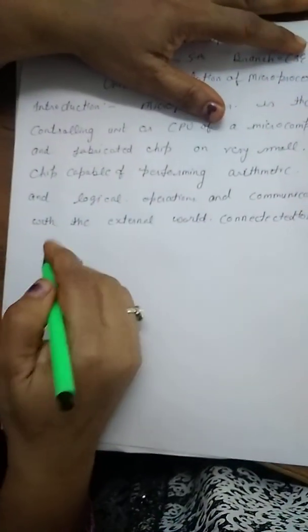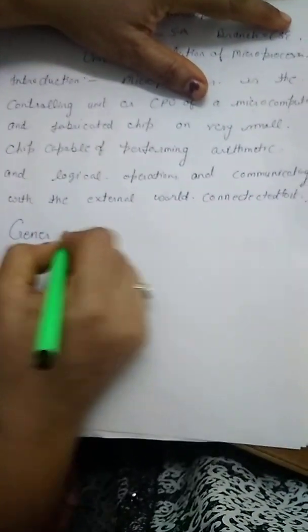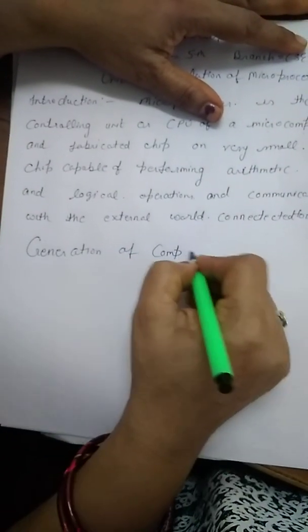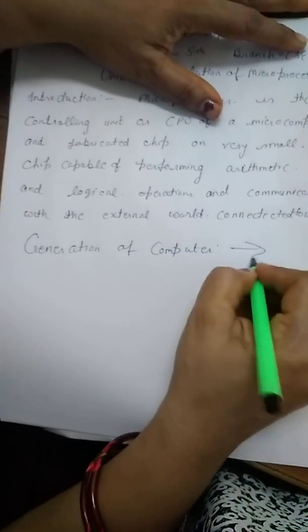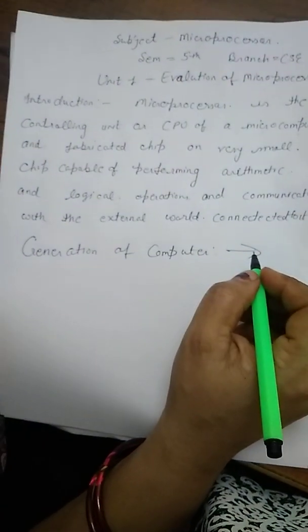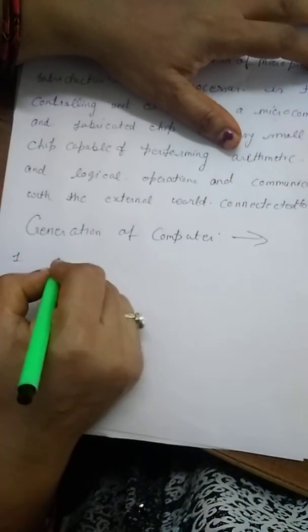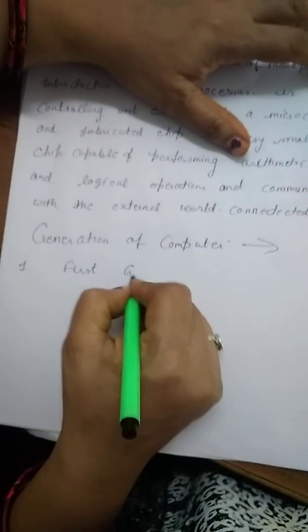Okay, now the next topic is the generation of computer. A computer has 6 generations. Number 1, first generation.